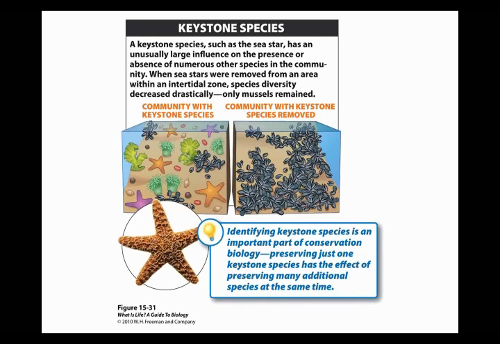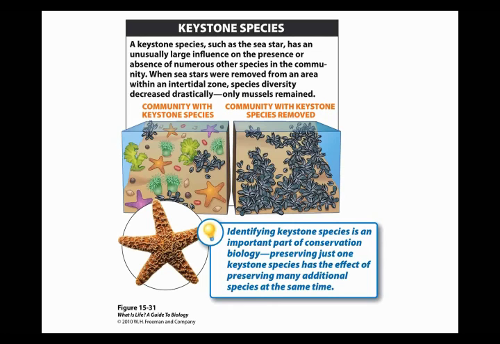One of the interesting notes is the keystone species. A keystone species, like a sea star, has unusually large influence on the presence or absence of numerous other species in a community. When sea stars were removed from an area within an intertidal zone, species diversity drastically decreased.